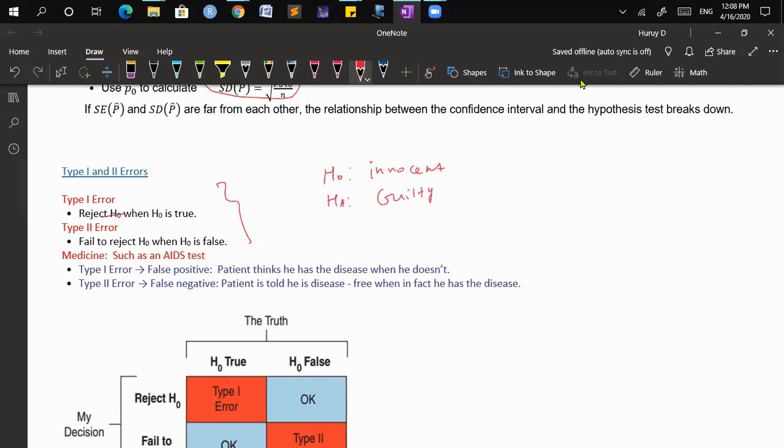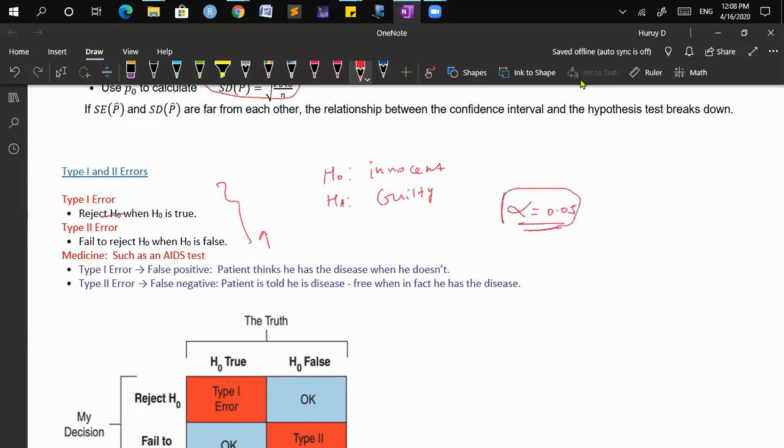Okay? And the problem is, when you minimize one of them, the other one goes up. And if you minimize that one, this one goes up. So the best way is to balance them. That's why we usually use alpha somewhere around 0.05 or 0.1 or 0.01. We don't go far from that. And this is what we call the type 1 error.